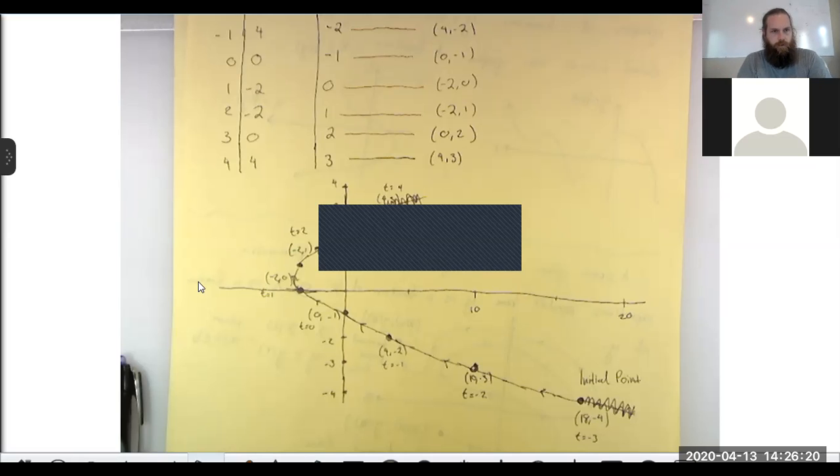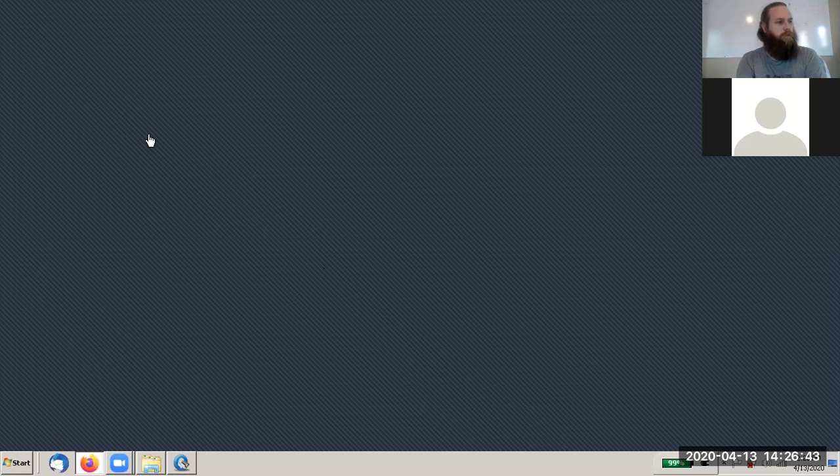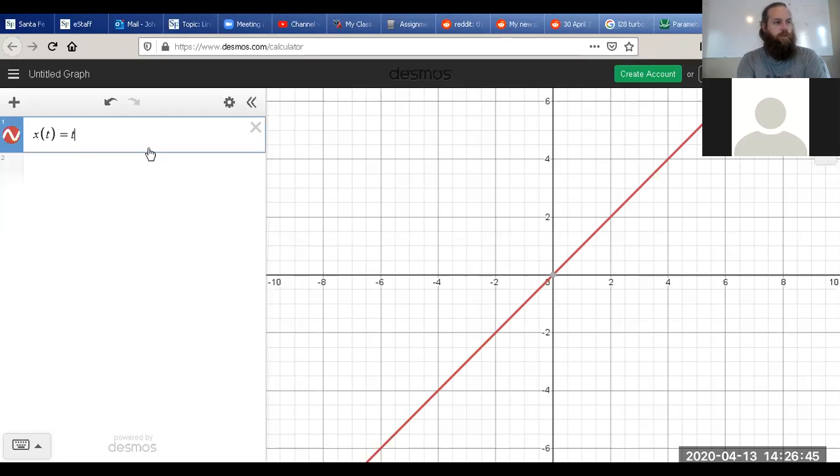Oh, no, those have too many examples built in. So let's just start a fresh graph. So I'm going to switch my screen share now over to here. And I'll just go ahead and enter the equations that we were given.